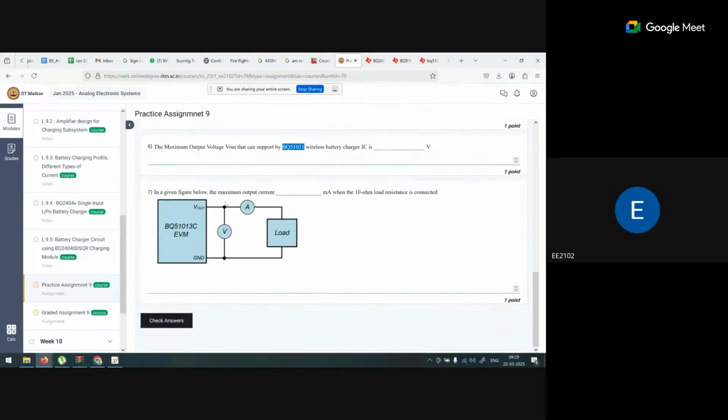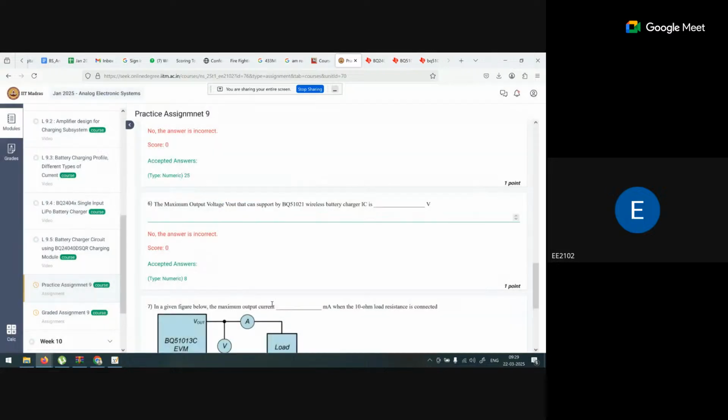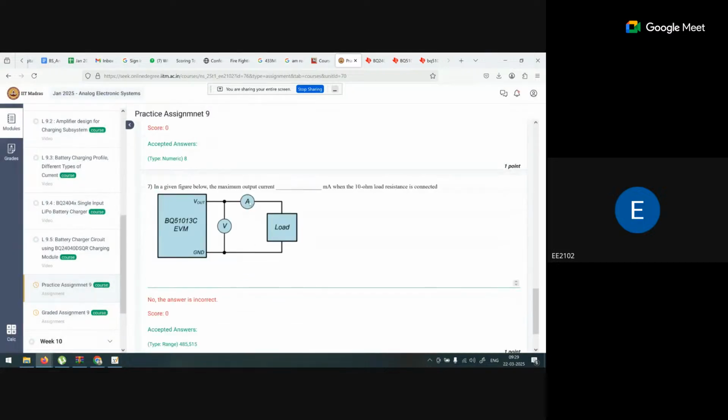In the given figure below, the maximum output current when a 10 ohm load resistance is connected. Okay, so the output is 8 volts. If you connect a 10 ohm load, what is the current from the 8 volts going to the 10 ohm?